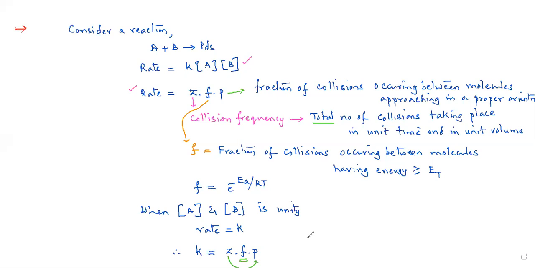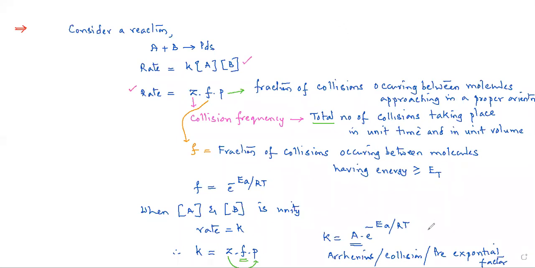Now that can be given as K is equal to A into e power minus EA by RT, where this A refers to Arrhenius factor or collision factor or pre-exponential factor.